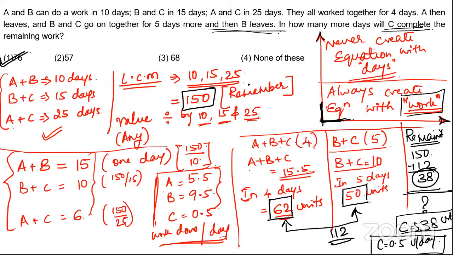Once you get used to writing the days, bringing an LCM, then from the LCM coming to the total work, and from the total work getting the equation, this actually becomes a cakewalk. If you do not practice, this will always be one of the biggest hurdles for you. So I want you guys to keep practicing equations.